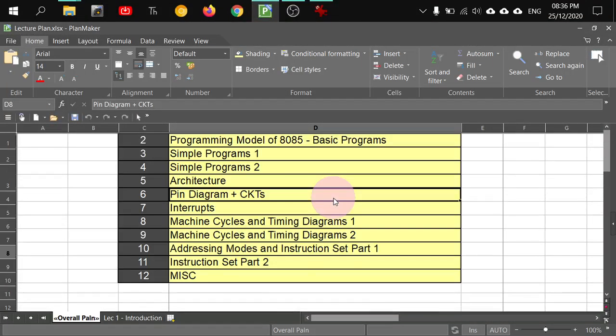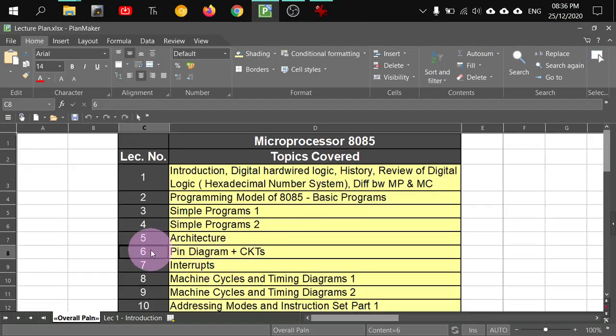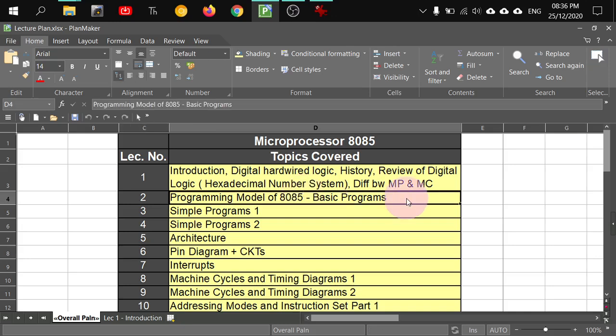As per the plan, we are now in the sixth lecture, and in the first five lectures, we first covered the introductory lecture. Then, in the second lecture, we saw the programming model. The programming model of 8085 is a way by which the programmer interacts with the 8085 microprocessor without knowing about the internal details of this microprocessor, right?